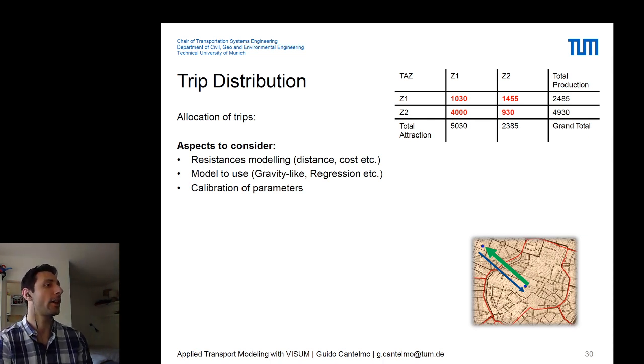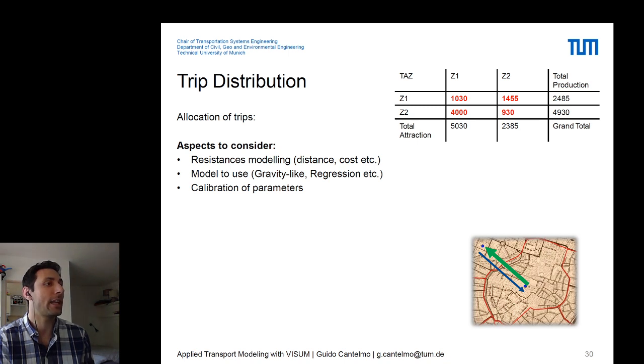Of course, this is not the only difference. You also have some sort of resistance. The resistance is how far two zones are. In the gravity model, and this is one of the biggest limitations, zones that are next to each other are more likely to attract each other. If zone 1 and zone 2 are next to each other, they are very likely to exchange demand.